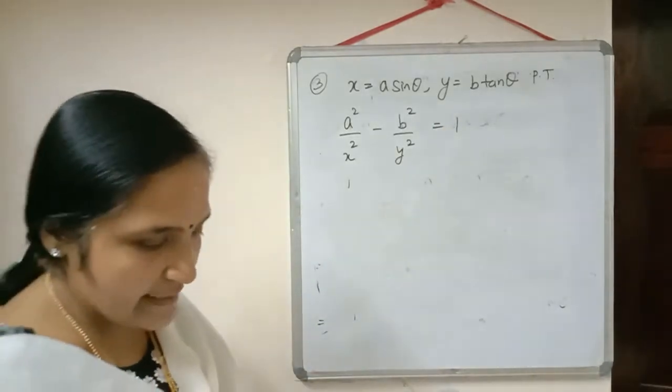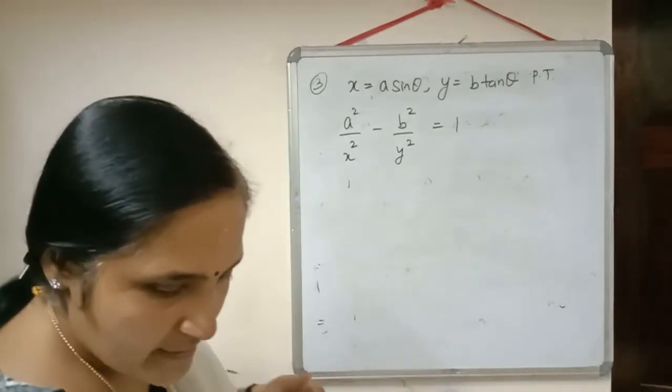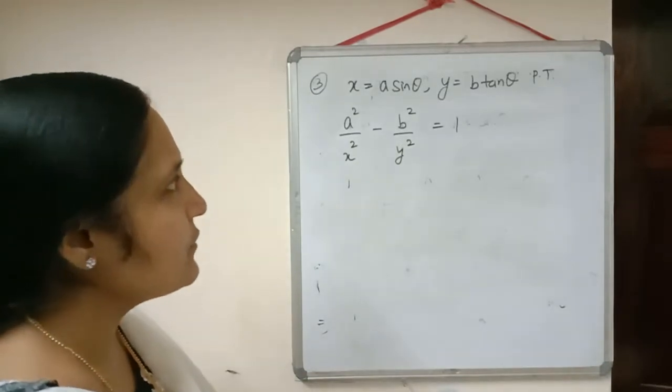We have to prove a square by x square minus b square by y square is equal to 1.